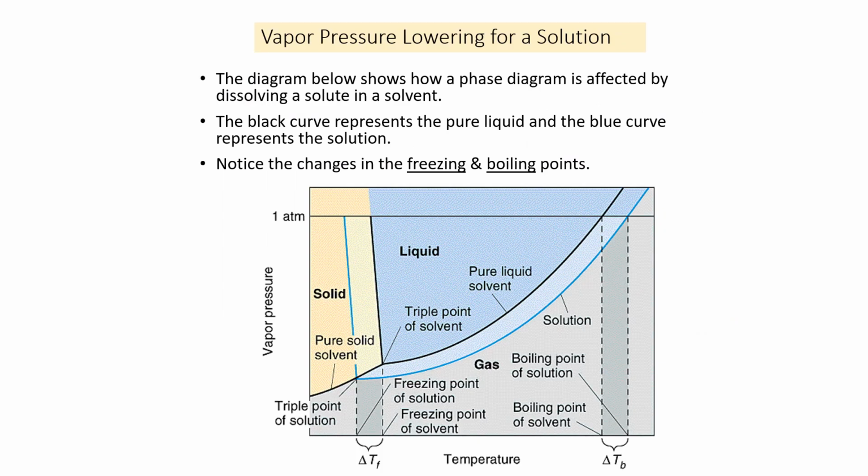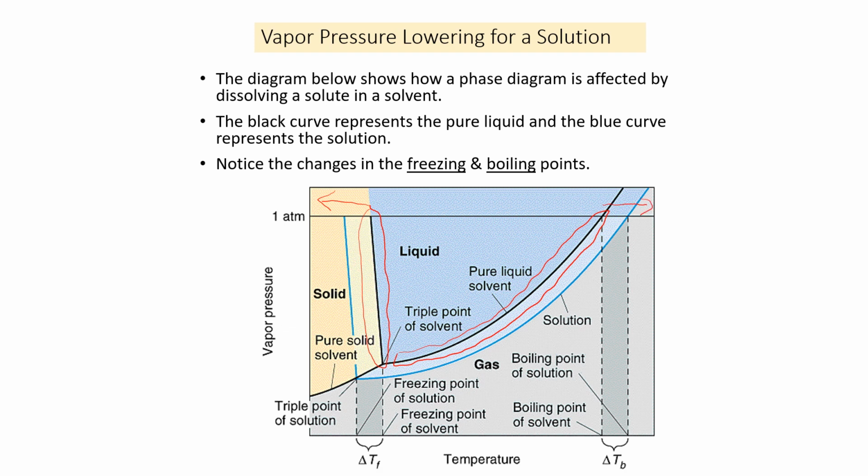Since the addition of a solute to a pure solvent reduces its vapor pressure, from this information we can relate it to a phase diagram. Here we have the black curve which represents the melting or freezing point. Here we have another black curve which represents the boiling or condensation point. With the addition of solute, we can see the changes: at the freezing point the temperature is reduced to a certain value, and at the boiling point the temperature is increased to a certain value.